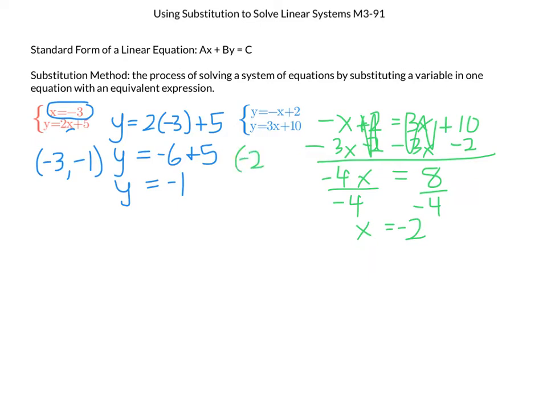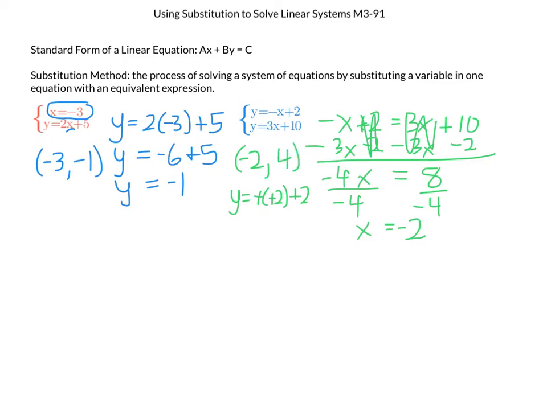Now I don't know the y coordinate yet, but it should be quickly attainable by replacing the x in either one. In fact, both. That's a great way to check. So the top one, y equals the opposite of -2 plus 2. Well, that makes it a positive 2 plus 2, which is 4. So I believe my y value is 4.